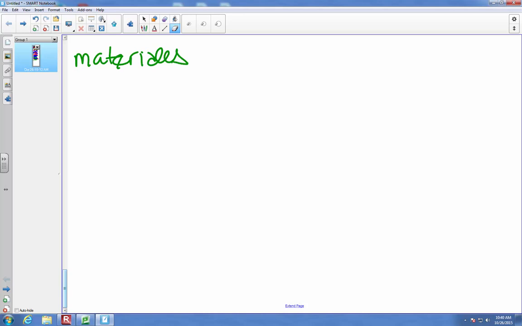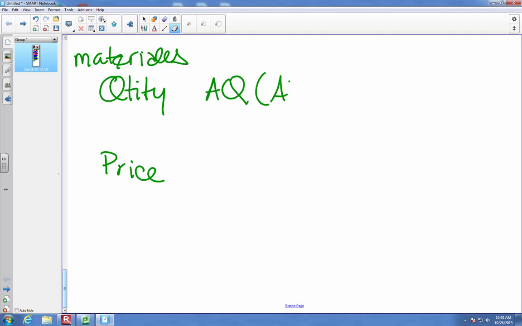And so for materials, you're going to have two variances. It was just what I wrote up there, which was quantity and cost. They're called quantity and price variance. The quantity variance is calculated by taking your actual quantity times actual price minus standard price.